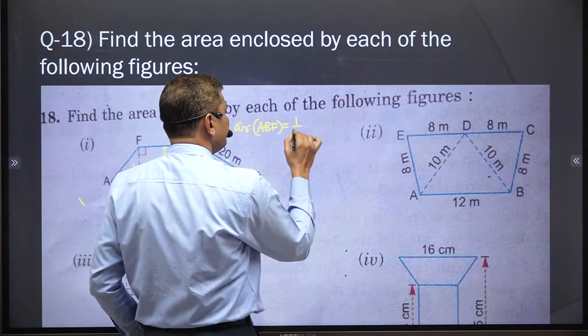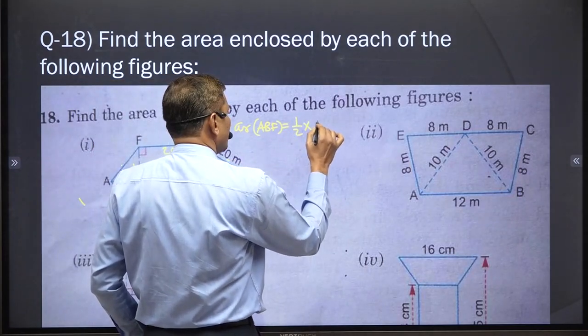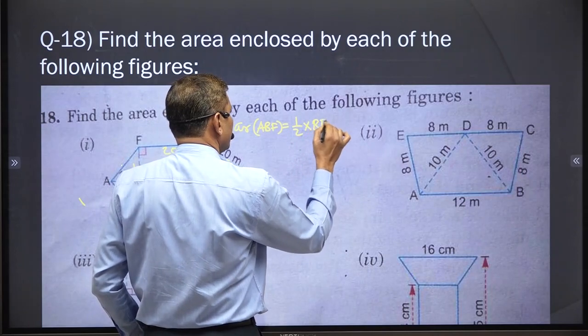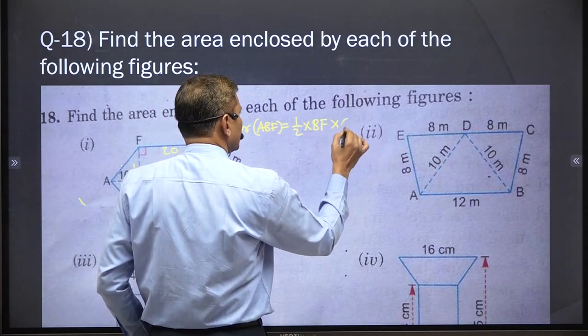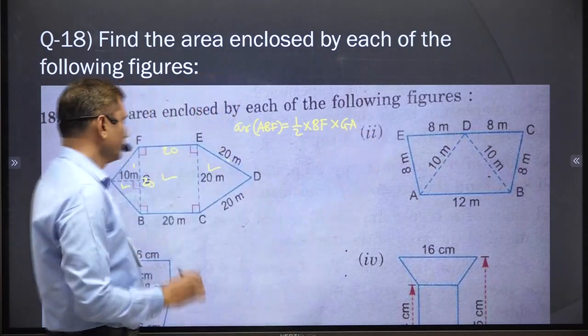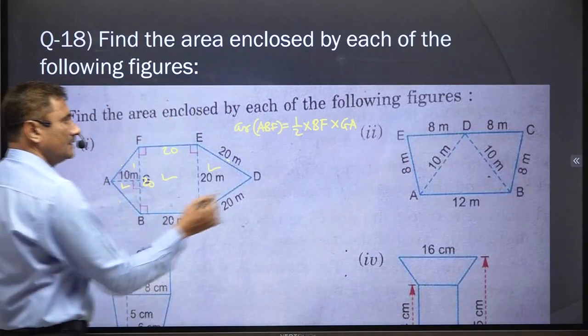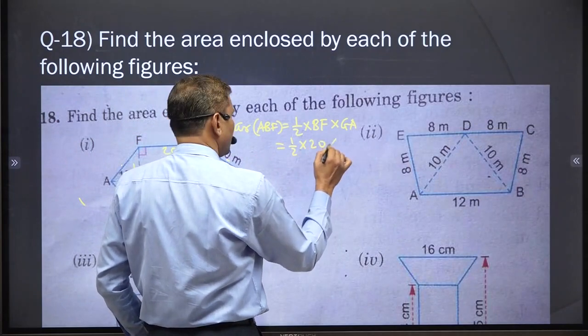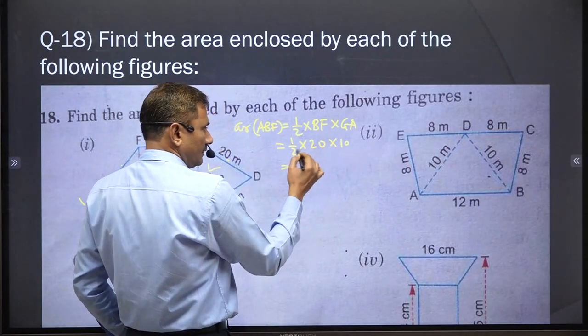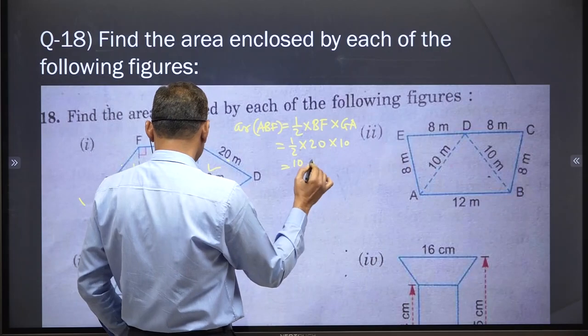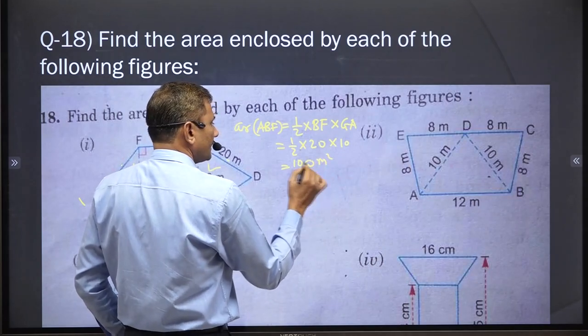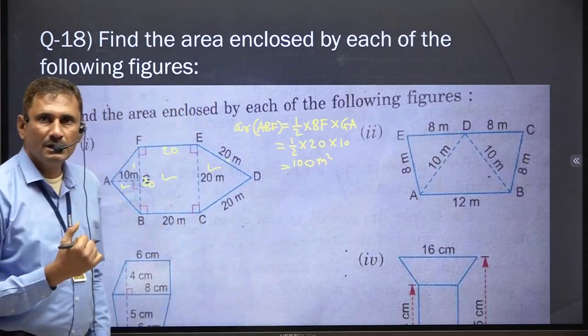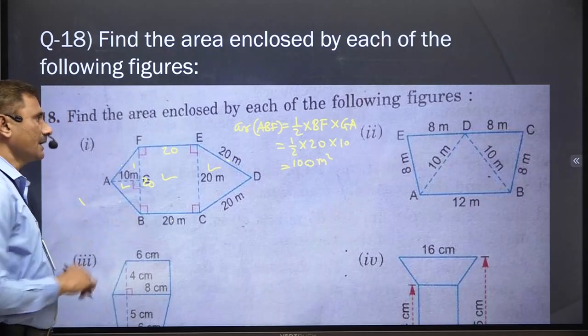So half into BF into GA. Okay, base and altitude. So put all values. So half, 20 and 10. So it will be 100 meters square. So this is the area of the left triangle.